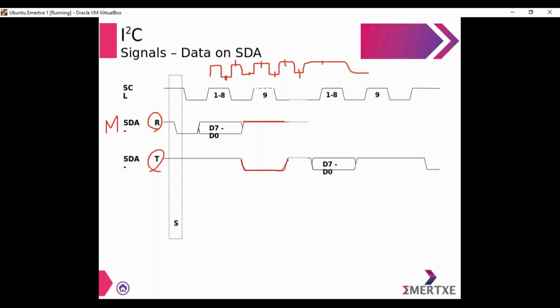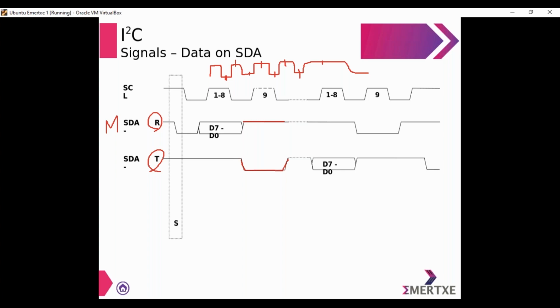RTC is transmitting the second register's value, and at the 9th clock pulse, it should give the acknowledgement saying it is done giving the data. So it pulls the line up, and at the same 9th clock pulse, the microcontroller being the receiver pulls the line low, representing it is done receiving the data.